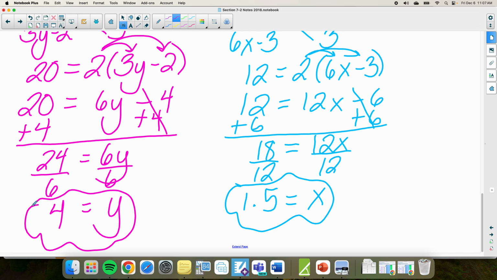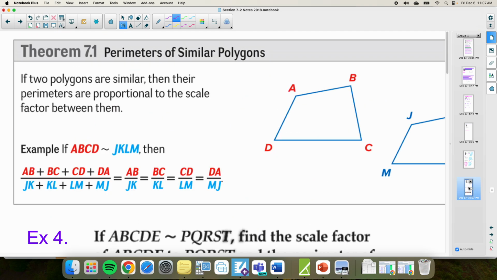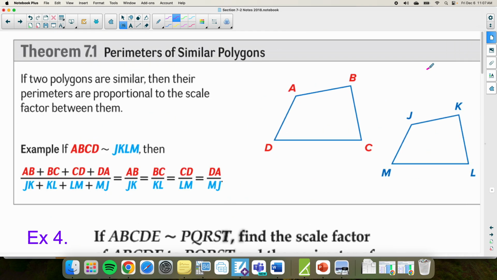Okay? Everybody understand that? So now we're going to go to our last page, and we're going to learn one additional thing. Okay? So what this theorem is saying is if you knew what the ratio of this side over this side was, which in this case, if I went triangle ABCD is similar to this, the ratio would be 2 over 3, okay?